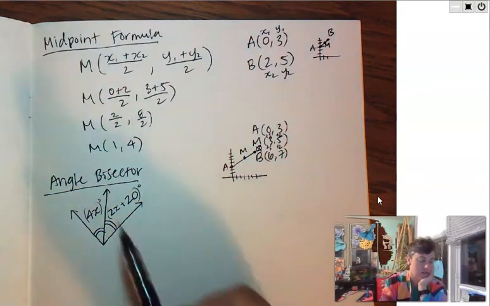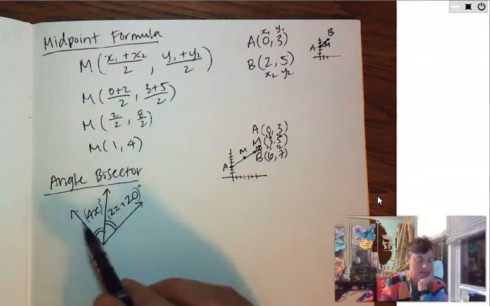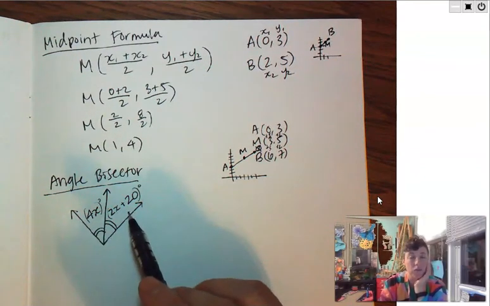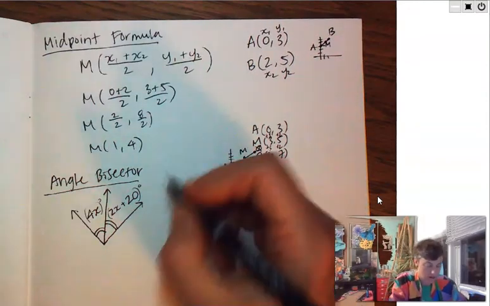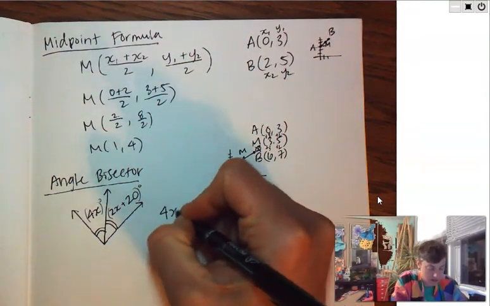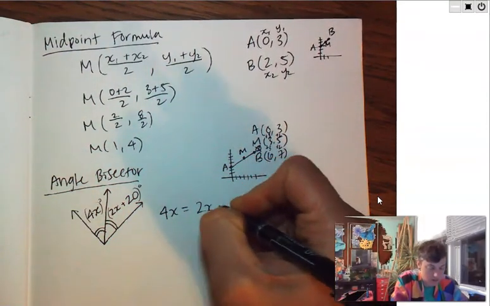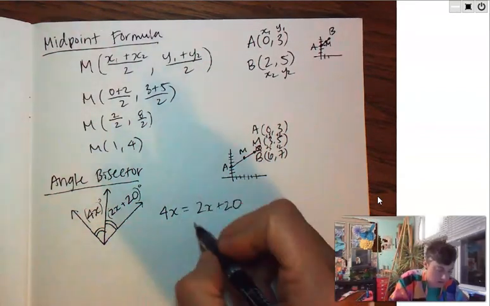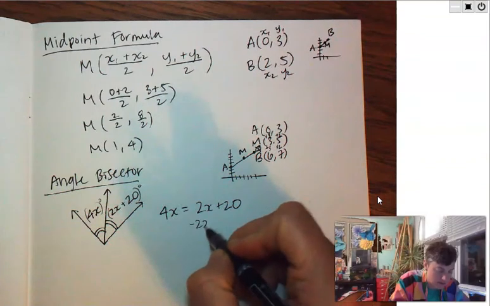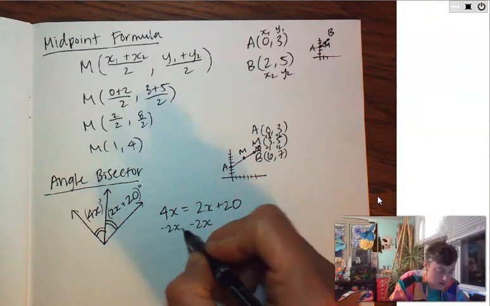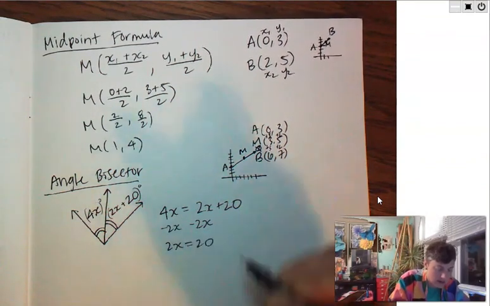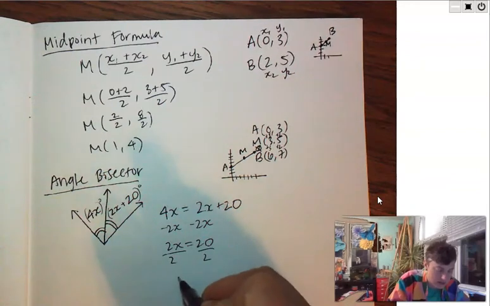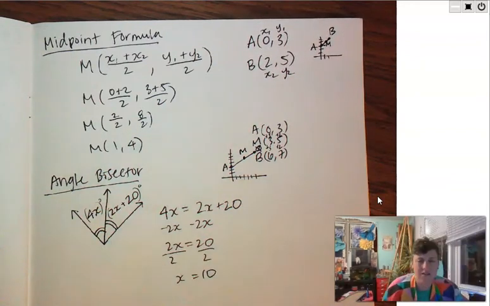Angle bisector splits an angle perfectly in half, so that means these halves are equal to each other, which means 4x equals 2x plus 20. So we could solve for x by subtracting 2x here and get 2x equals 20. And let's divide by 2. And we'll say x equals 10.